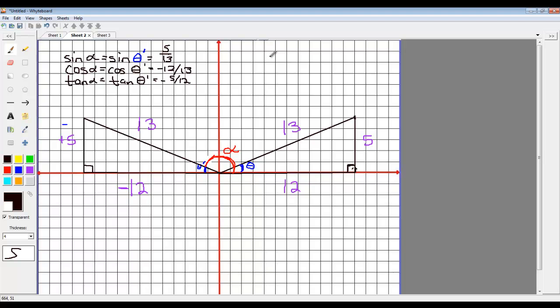Where before, over here, with regular theta everything was positive, now we're dealing with quadrant 2, where the sine is positive, and cosine and tangent are negative.